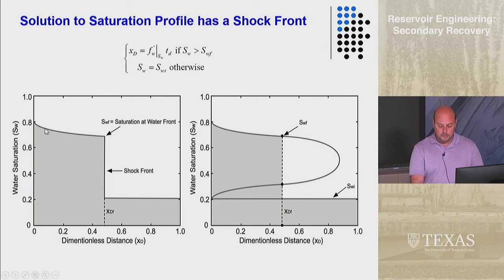So what you're doing is you're plotting points from here all the way to SWF or XDF. And then for any position greater than XDF, SW is just equal to SWI.